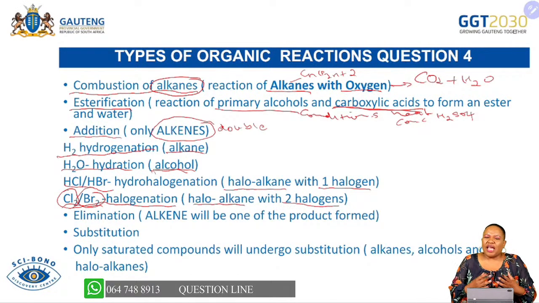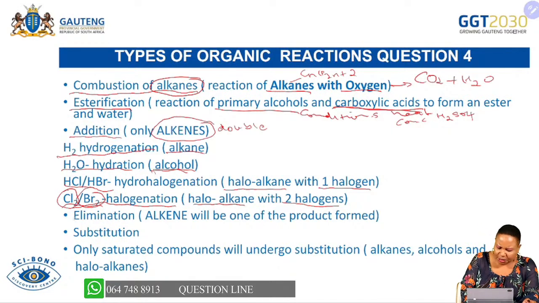So if you see a haloalkane with two halogens, you already know that it was formed during halogenation, whereby a double bond was broken and two halogens were added at the same time to that alkene. That is why I want you to know the expected product of every addition reaction.